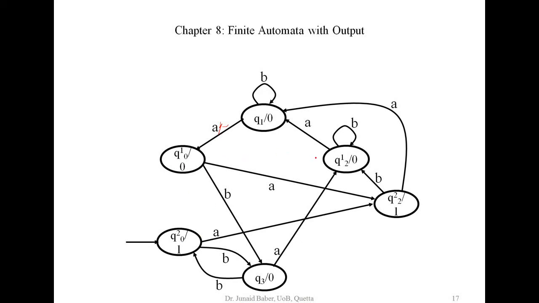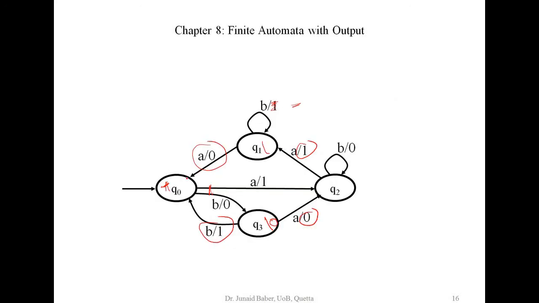But when it comes to Q2, again Q2 will be divided into two subparts. For example, let's say from Q0 you are going to Q2 with output 1.